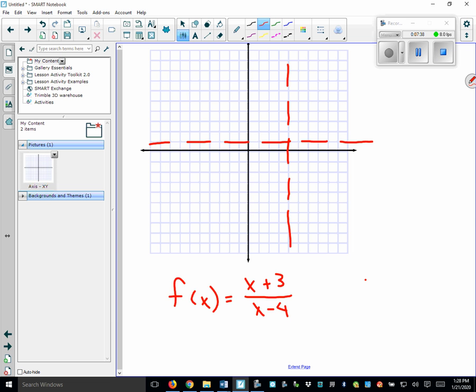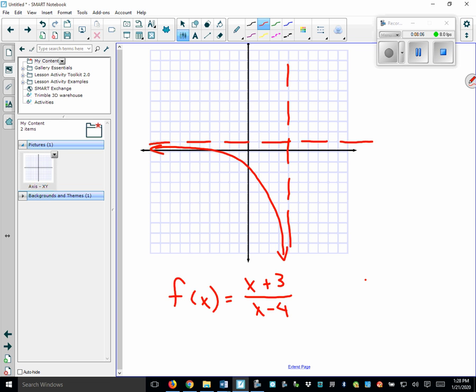Now, where is my graph? I think one of them's right here, isn't it? How did I know that? Well, because I said if x is 0, what is y?